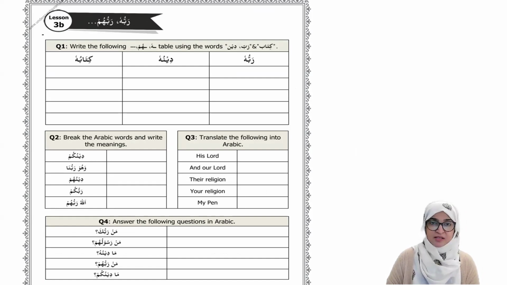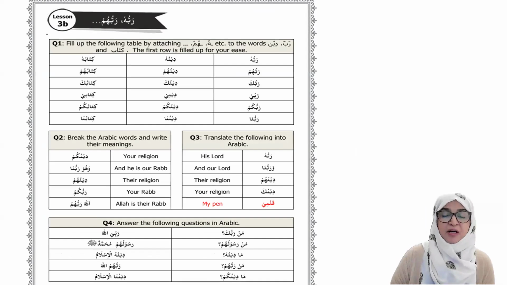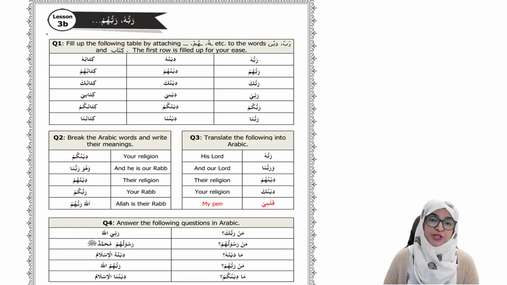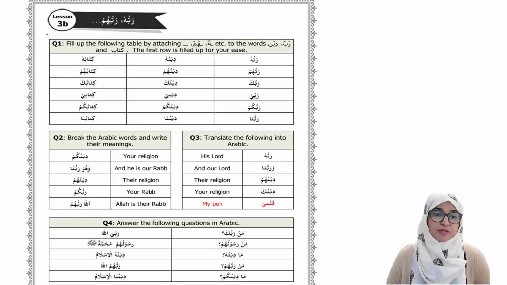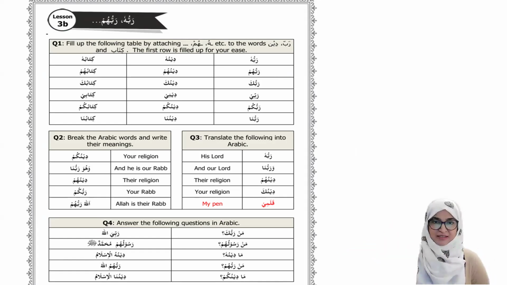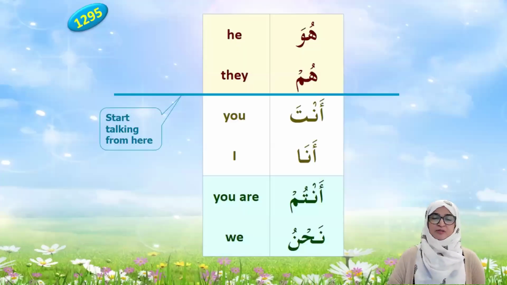And after you do the workbook, I have also shared the answers with you. So these are the answers. There you are. Rabbuhum, Deenuhum, Kitabuhum. Rabbuka, Deenuka, Kitabuka. You have the answers, so you can correct yourself with this. Okay, so that's the little reminder I wanted to give you.